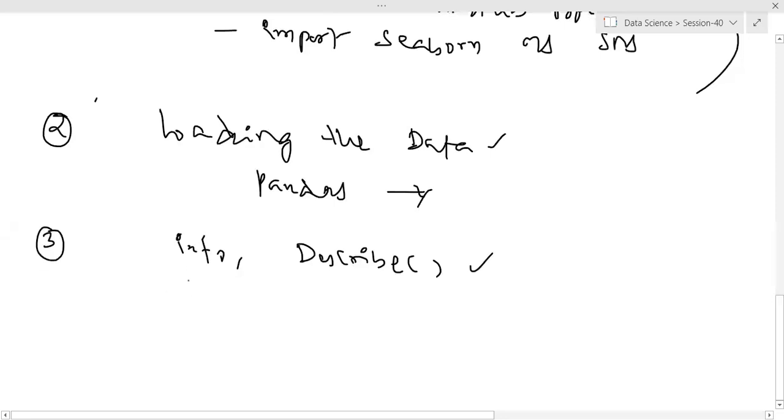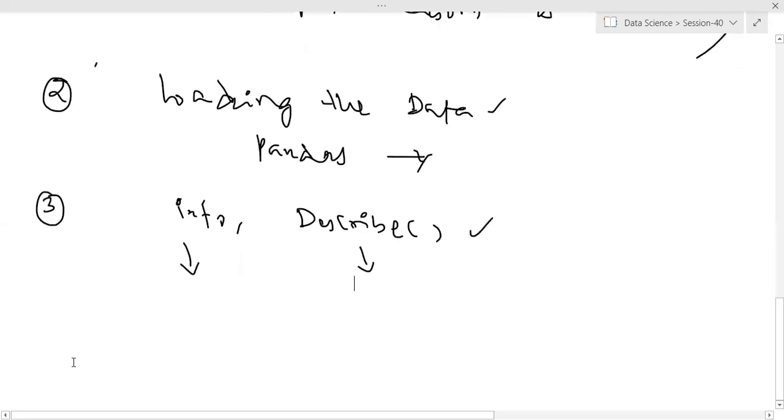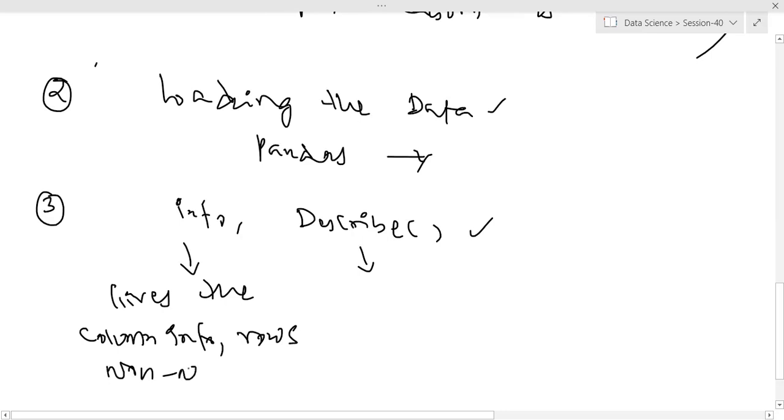Can someone help me? What is the difference between describe and info? Info gives the columns. Very good. It gives the column information, how many rows are there, and whether any non-nulls or nulls are there.